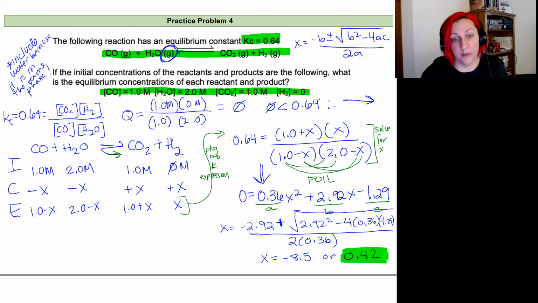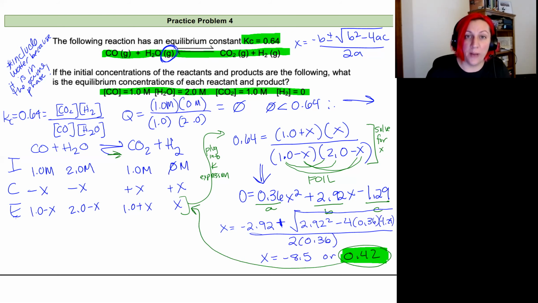That's our reasonable answer. So I'm going to go ahead and plug this value right here into my expression for my equilibrium concentrations. For each of these, my 1.0 is going to be 1.0 minus 0.42.